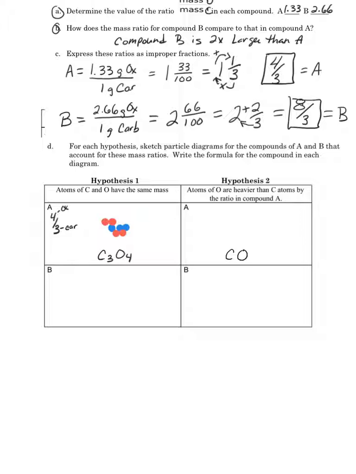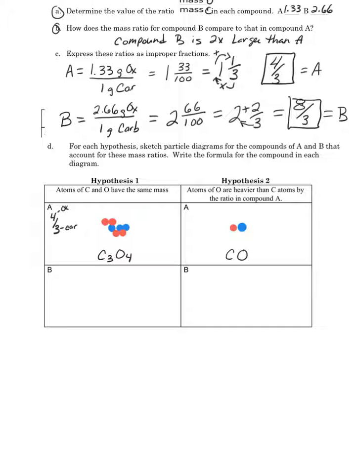And for this idea that oxygen is heavier than carbon, I'm going to make 1 carbon atom, and then I'm going to make an oxygen atom that's larger, about a third larger. So there's my compound for hypothesis 2.